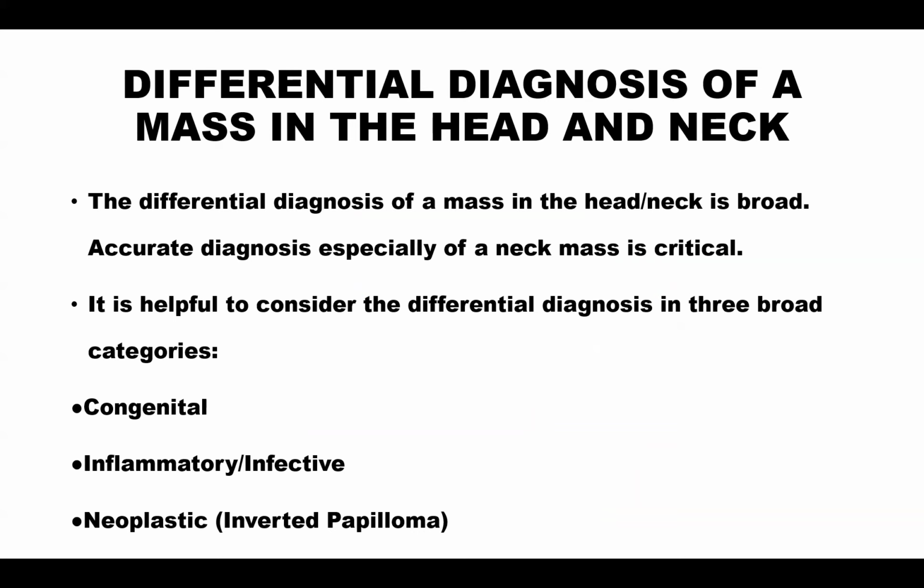It is helpful to consider the differential diagnosis in three broad categories: congenital, inflammatory, which can also be infective, and neoplastic. Under neoplastic, although there could be malignant lesions, we are focusing on benign tumors or benign lesions.